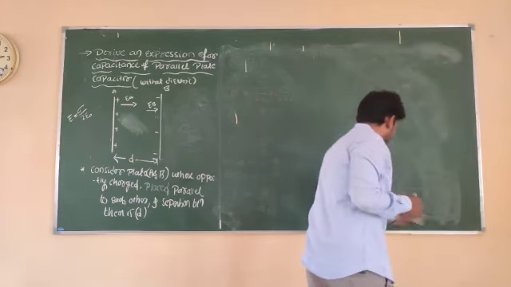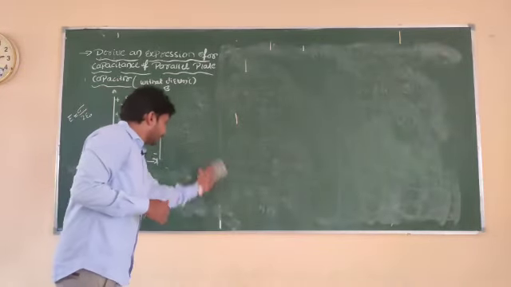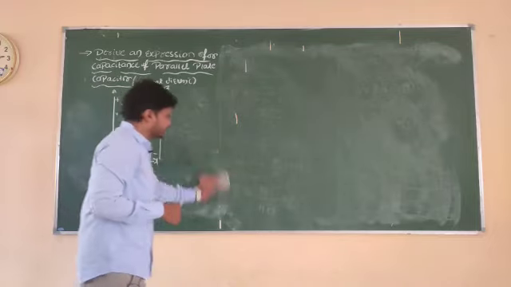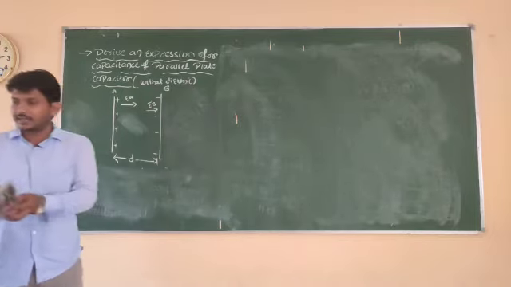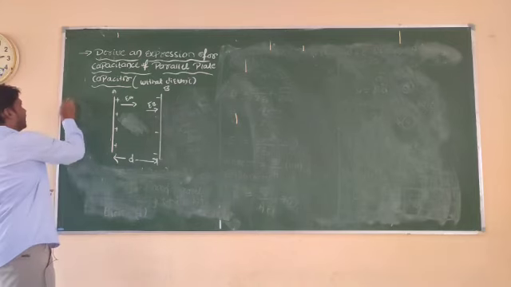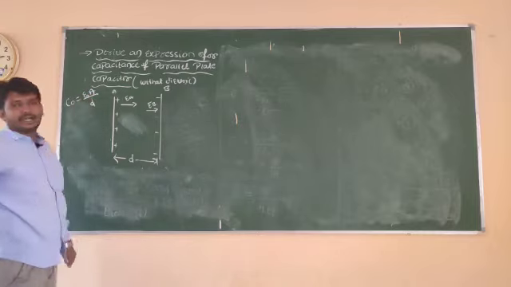Look here, we got the equation for the capacitance of a parallel plate capacitor without dielectrics: C naught is equal to epsilon naught A divided by D.